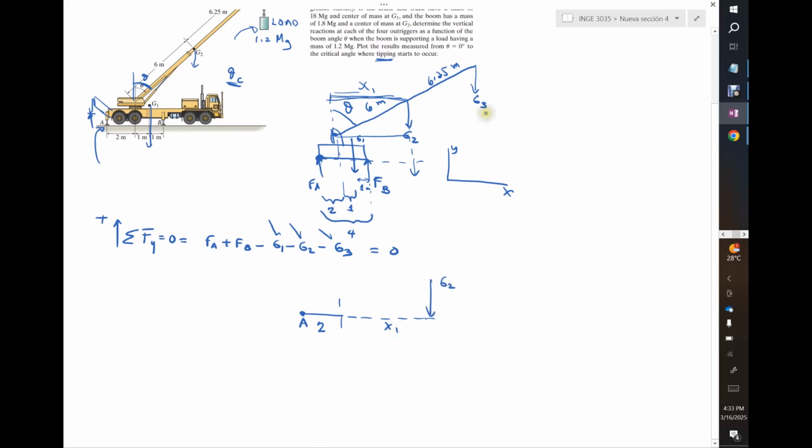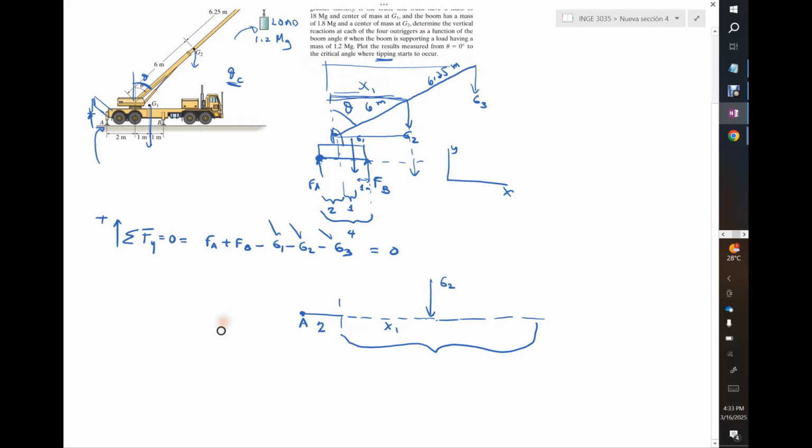Now what happened with G3? Well, it's the same, but a longer distance. That distance would have to be calculated from here to up here, and the nice thing is that you can get that from another triangle right there, which has to do with theta.